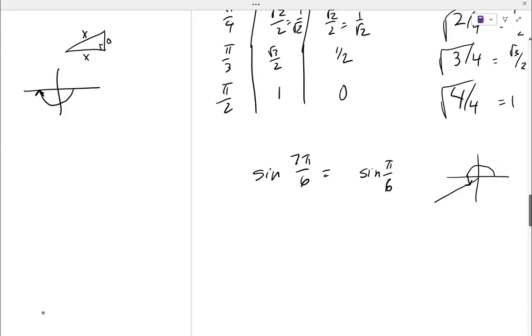What quadrant did we end up in? 3, right? Sine is opposite over hypotenuse. Our opposite side will be negative in that case. So it'll be negative sine of pi over 6. And sine of pi over 6, we just said a second ago, was what? 1/2. Yep.